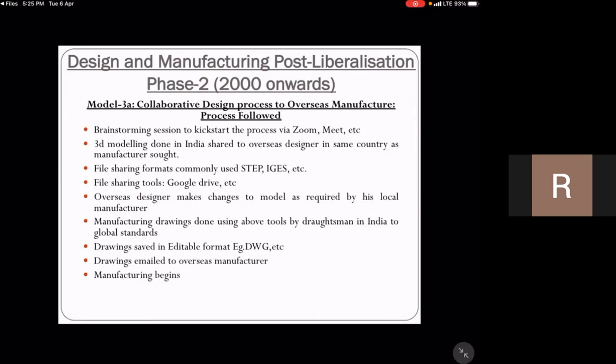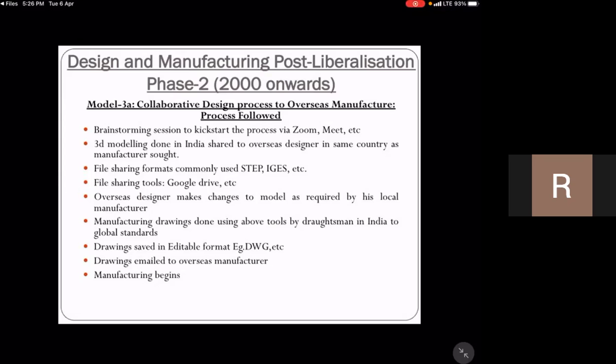We would do the design in India. We would share it with the overseas designer using formats like STEP and IGES. The overseas designer would make the final changes for his local manufacturer, whom he would understand better than us, and then he would send the edited designs back to us. We would design it over here and send it to the overseas manufacturer.